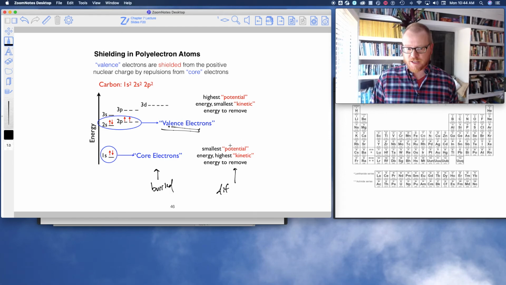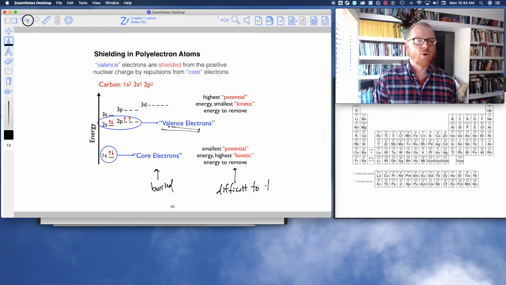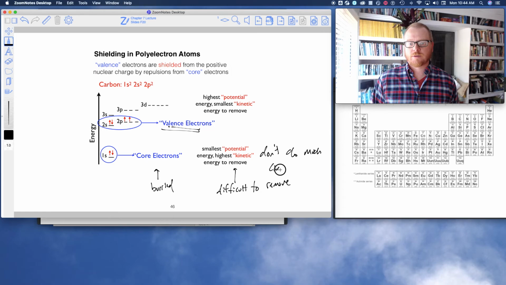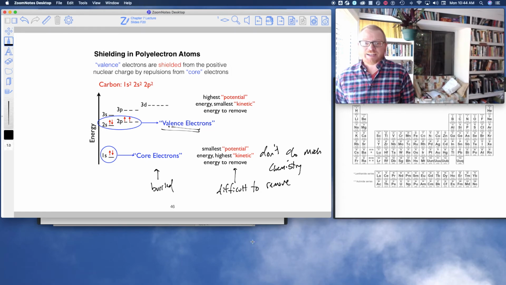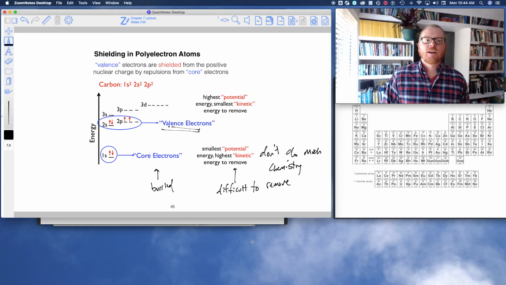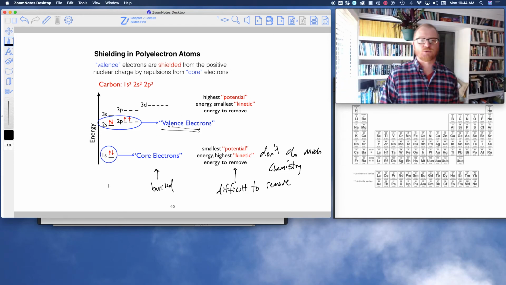So because of this small potential and high kinetic, core electrons are difficult to remove. And so what that means is we don't do a lot of chemistry with core electrons. Don't do much chemistry. They're buried. They're really hard to get to. They are shielded, or rather, excuse me, the valence electrons are shielded. So let's get to that next one, okay?